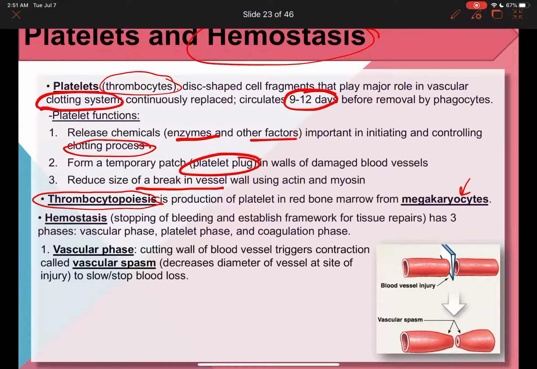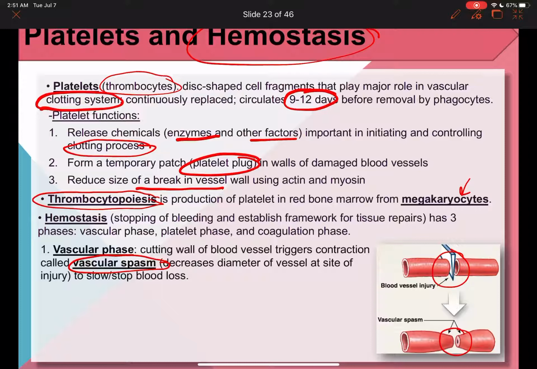So the first thing that needs to happen is to make that opening smaller so you can control the bleeding very, very quickly. This happens via a process called vascular spasm, which decreases the diameter of the cut into a smaller hole to really slow down or even stop the bleeding.